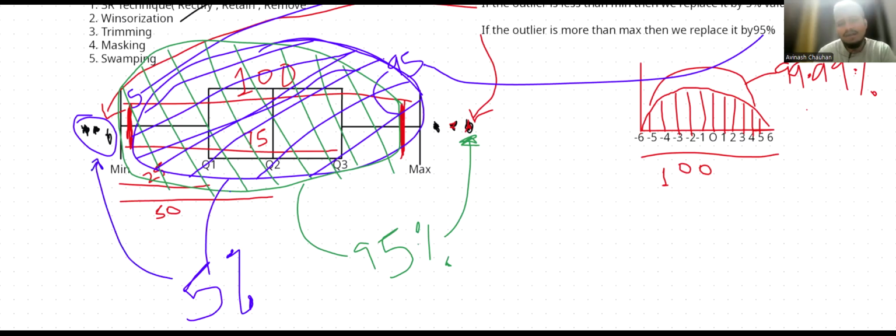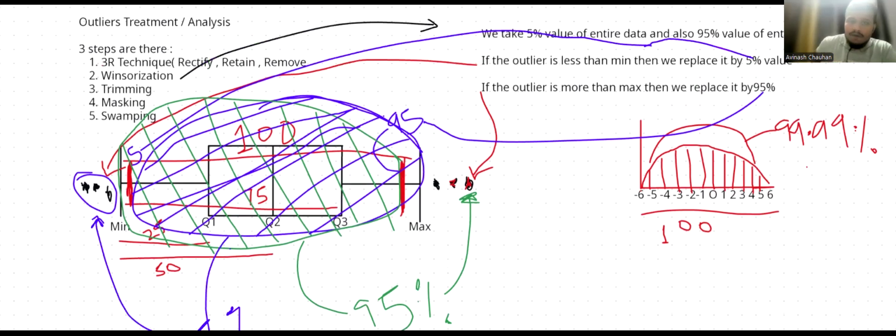So basically in Winsorization, if my outlier is below my minimum value, we are replacing those values with my 5% of data. And with the maximum, we are replacing this 5%.